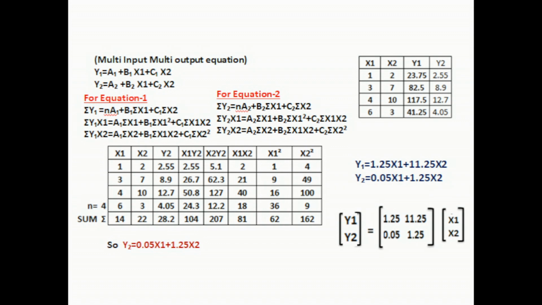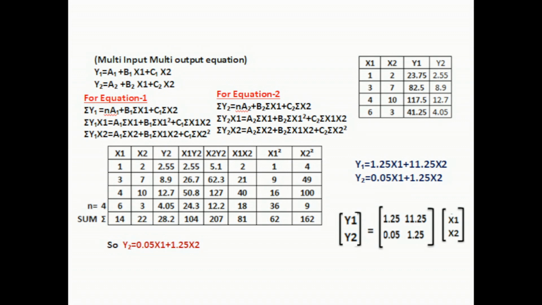Suppose x1 is equal to 1, x2 is equal to 2, then y1 is equal to 23.75, y2 is equal to 2.55. If x1 is equal to 3, x2 is equal to 7, y1 is equal to 82.5, y2 is equal to 8.9. If x1 is equal to 4, x2 is equal to 10, y1 is equal to 117.5, y2 is equal to 12.7.